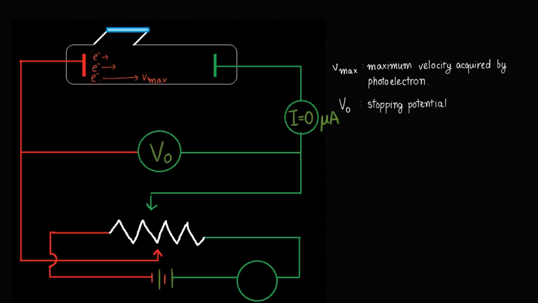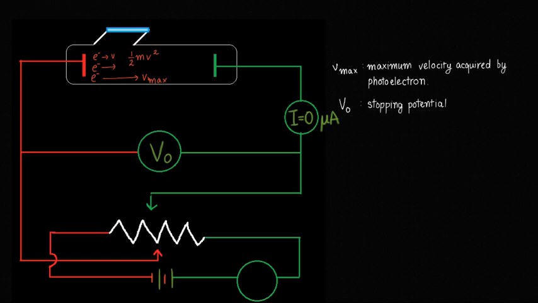If the electron moves with a velocity v, then the kinetic energy gained by this moving electron is given as half m v square. This kinetic energy was already discussed in class 11.